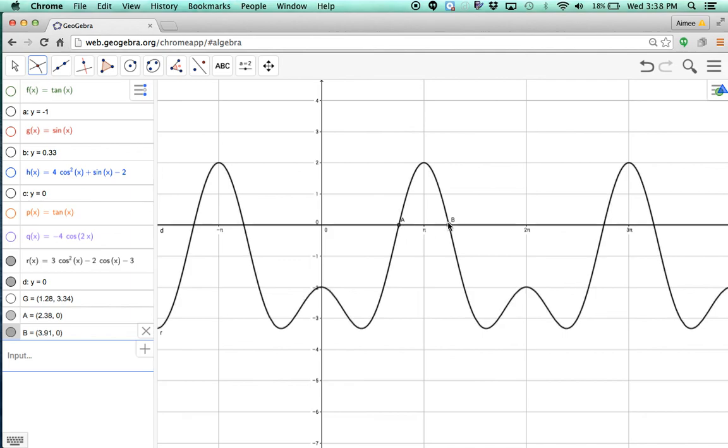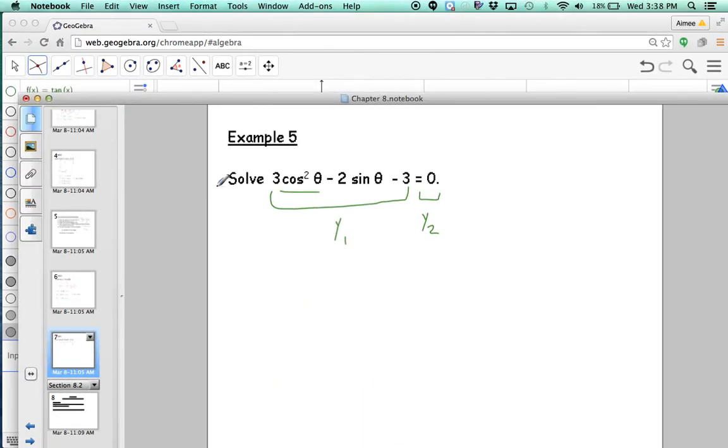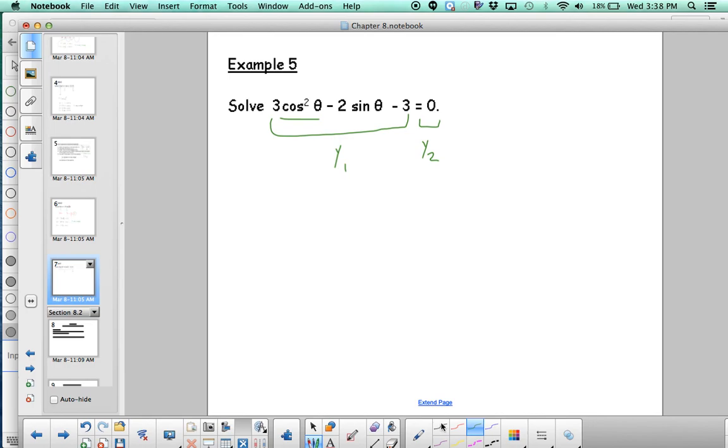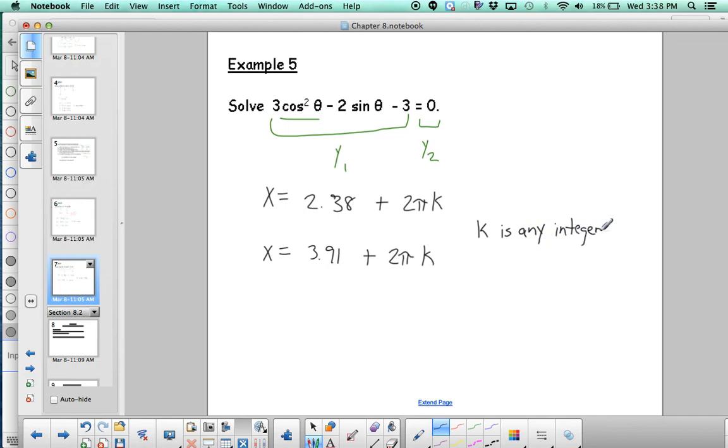So using those two solutions, we can write our complete solution set. 2.38 and 3.91, plus we notice that we had a period of 2 pi, so 2 pi k, and k is any integer again. And that's all I have for section 8.1.